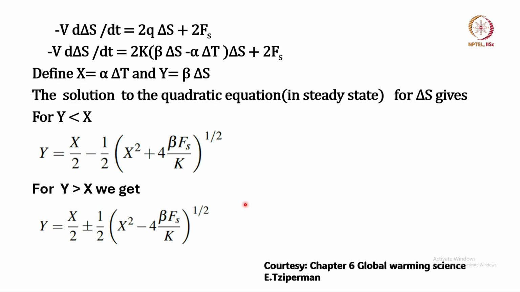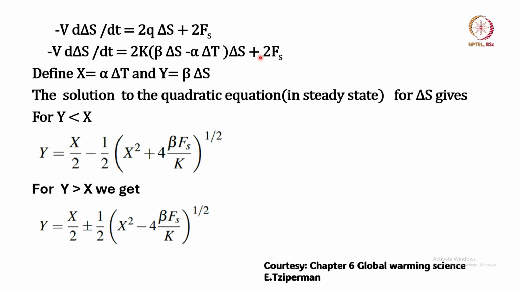If you take those two equations and write down T1 minus T2 as delta T and S1 minus S2 as delta S, then you get the two equations simplified now for the two boxes. And this is the freshwater forcing.